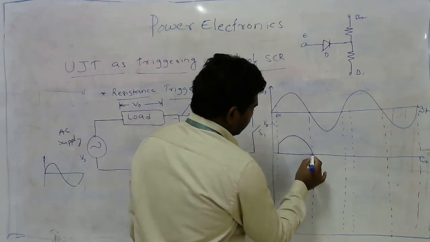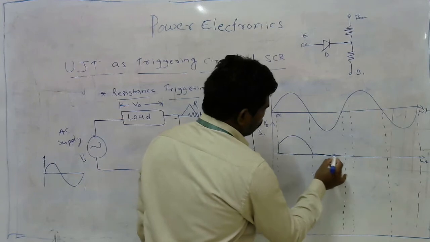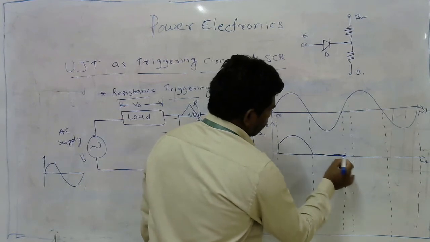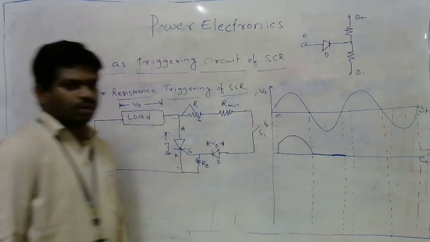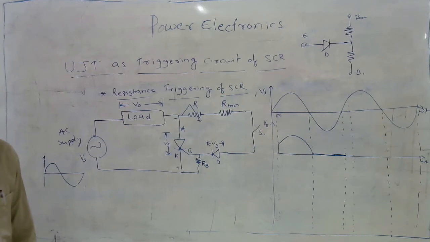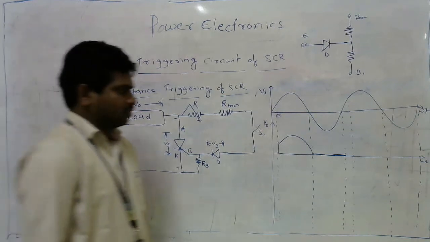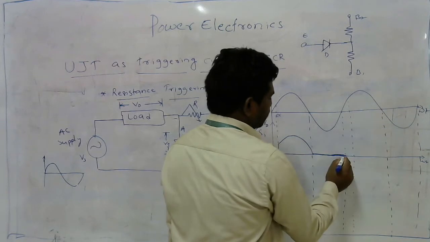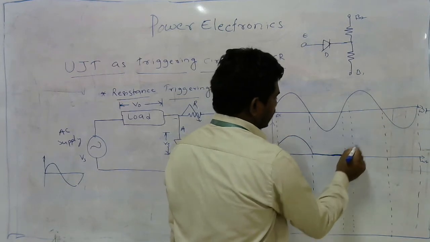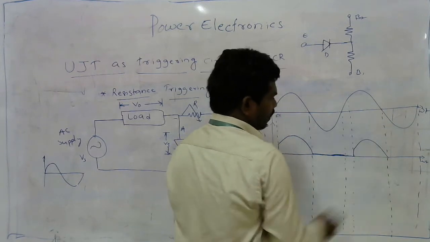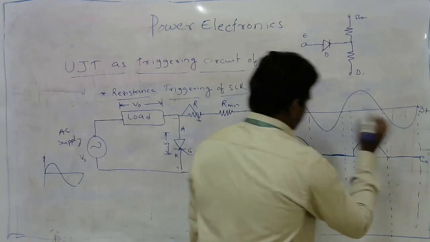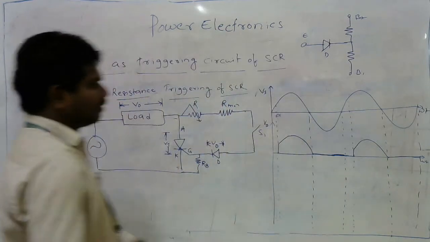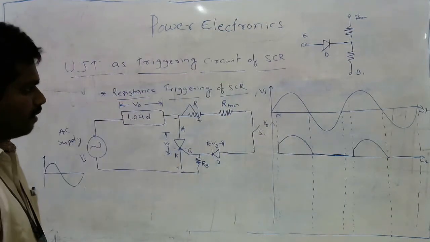You will see that later on. So during the negative half cycle, there is no output voltage. The entire input voltage is available across the device. And for the second half cycle also, only after giving alpha do we get the output value. Like this, we are getting the output using resistance triggering of the SCR.